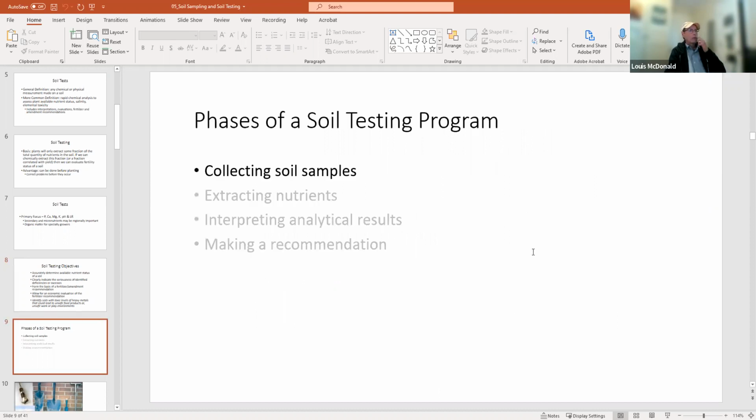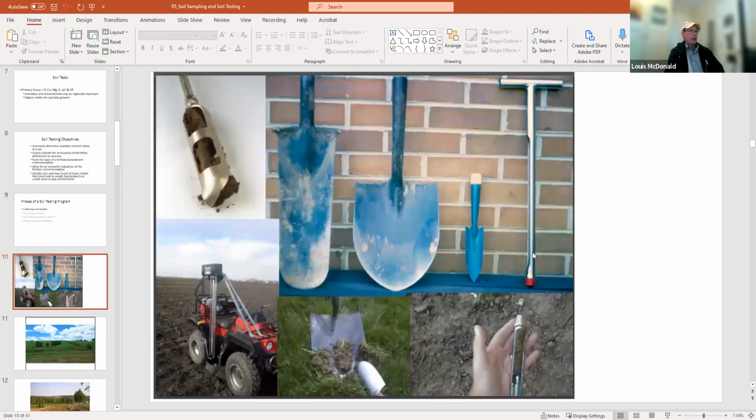All right. So how do you, what's the process? Well, first you have to collect a good sample. And so here are the tools you can use. In the upper left-hand corner, we have an auger. Augers are great. They're kind of hard to work with, especially if you only want to take a very shallow sample, like if you're working in a pasture.